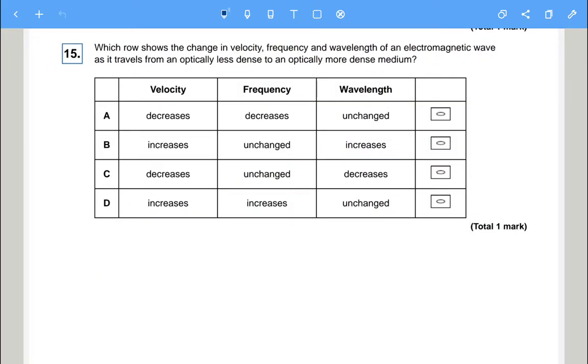So this one, remember when you go from one medium to another, in this instance optically it's of less dense to more dense, the frequency is unchanged. So straight away it's either B or C. If you enter a more dense medium, what happens to your speed? So imagine you are running down a beach, full speed, maybe super fast, coming at 10 meters per second.